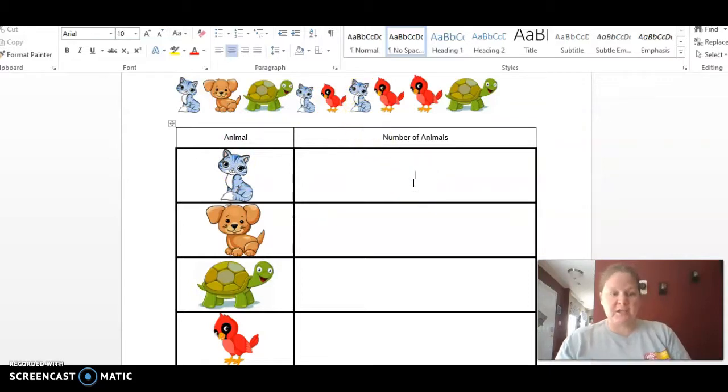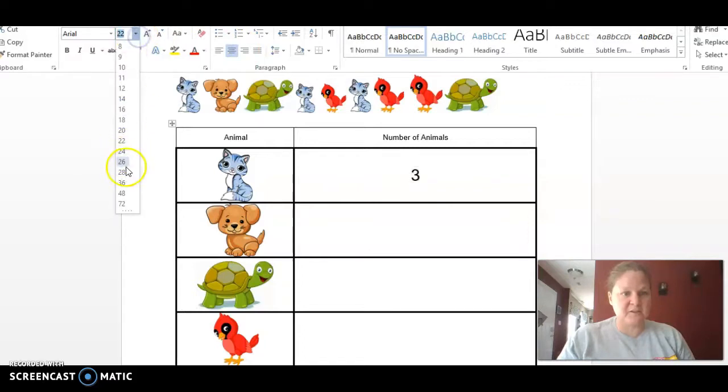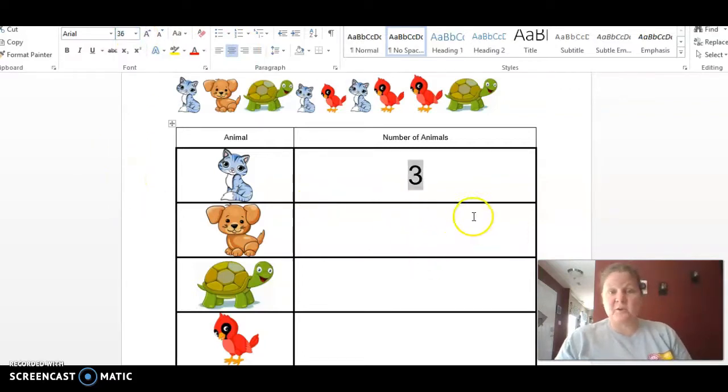So I'm going to go here and, that's a very small number, isn't it? Make it bigger. There we go. Three. So I put a three because there are three cats. So now I can look at my table and say instantly, three people have pet cats. See how quick that happens?